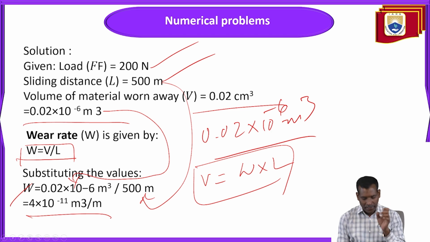Finally you will get 4 into 10 to the power minus 11 meter cube per meter.